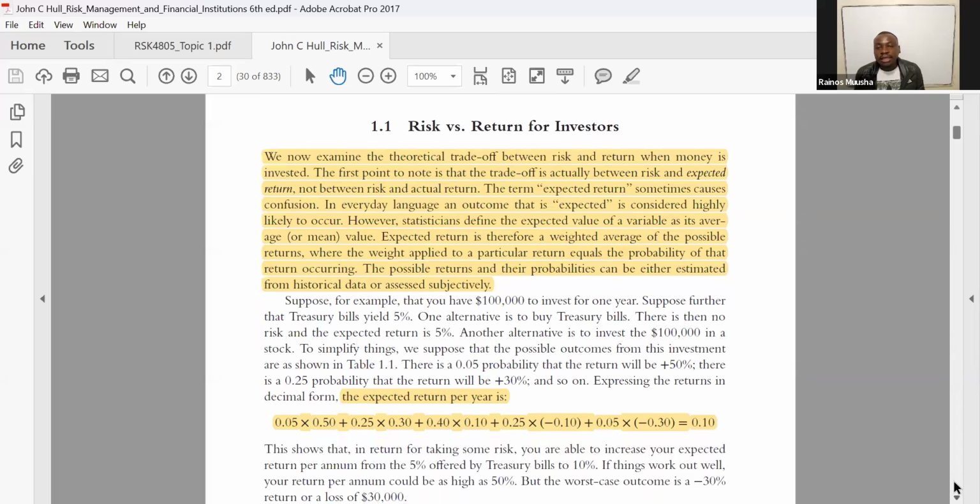So which means here they're saying, that's why you see that in investments, when you want to invest money and you approach a financial advisor, one thing they are always told not to do is to promise you a particular return.